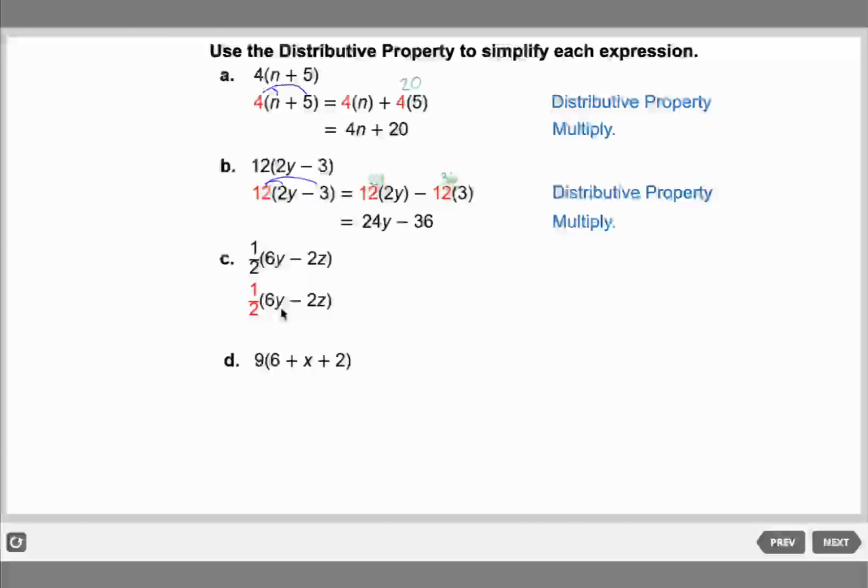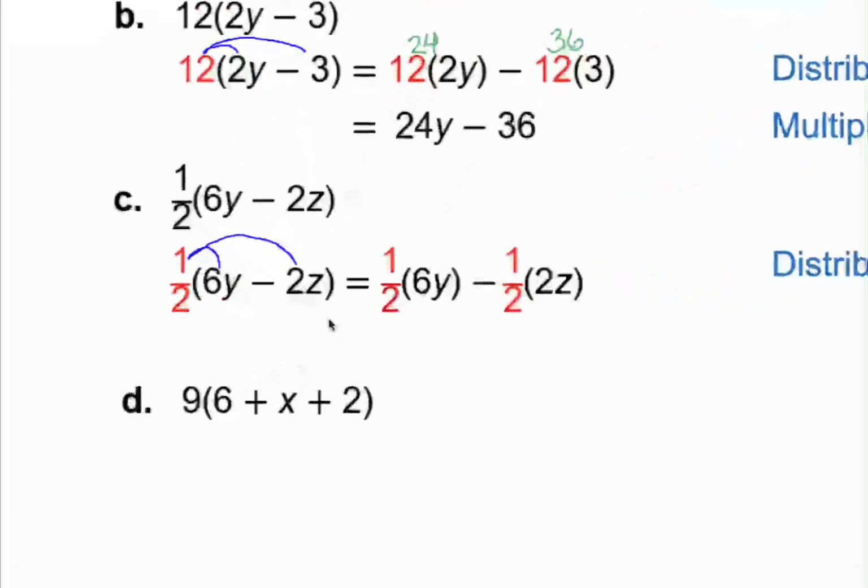I mean, we multiply it by 6y. We will multiply it by 6y or 2z or both? Both, of course. So we will multiply half times the first term and times the second term. So it will be half times 6y minus half times 2z. Now, what is half of 6?